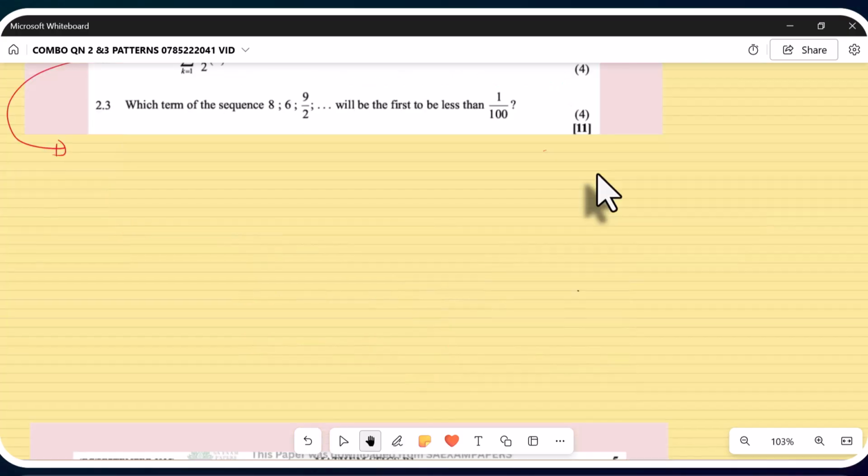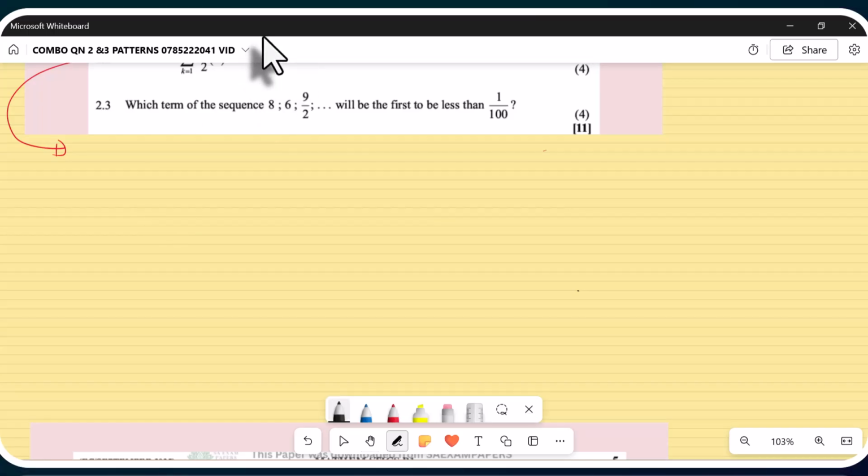Question 2.3, Eastern Cape. It says which term of the sequence 8, 6, 9 over 2 will be the first to be less than 1 over 100.